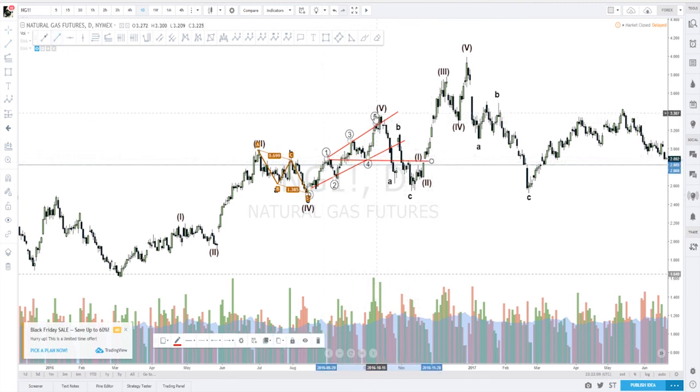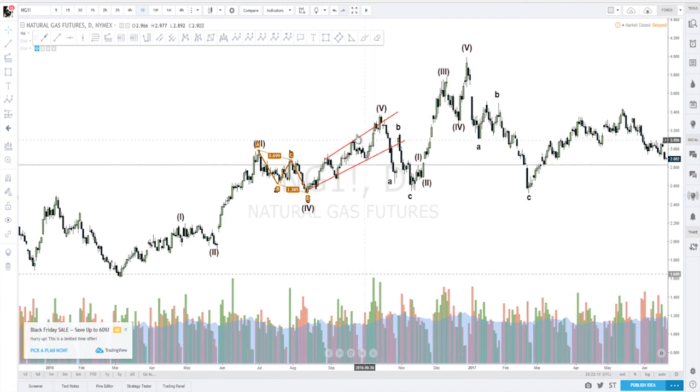So in this case, you'd have an entry there and an exit somewhere around here. It's a good pattern for you guys to look at, and understanding where it happens on the Elliott wave can help you look for a big correction like this one, or a smaller correction like this one.